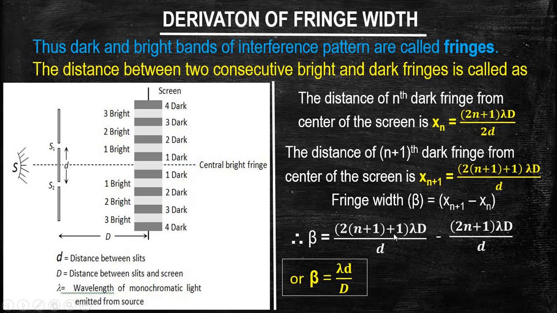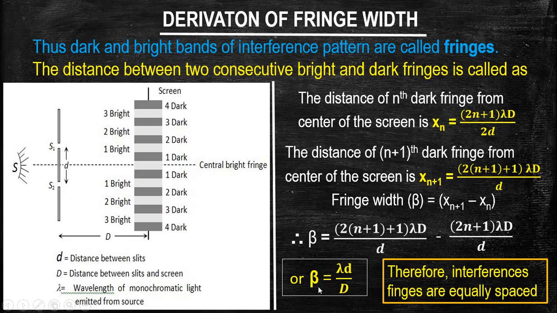If you simplify, you get fringe width equal to lambda D upon d. Then fringe width beta equals lambda D upon d. The fringe width beta we got is for any two consecutive bright or dark fringes.